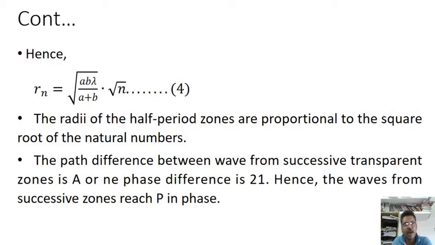The radii of the half-period zones are proportional to the square root of the natural numbers. The path difference between waves from successive transparent zones is lambda by 2, or the phase difference is pi. Hence, the waves from successive zones reach P in phase.